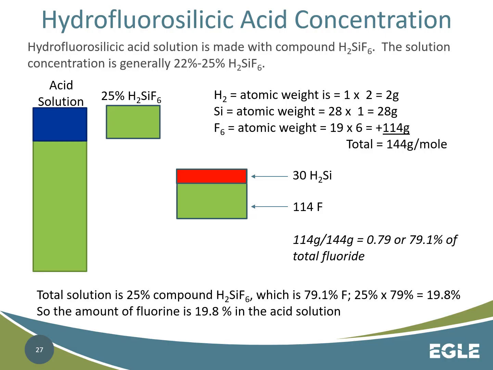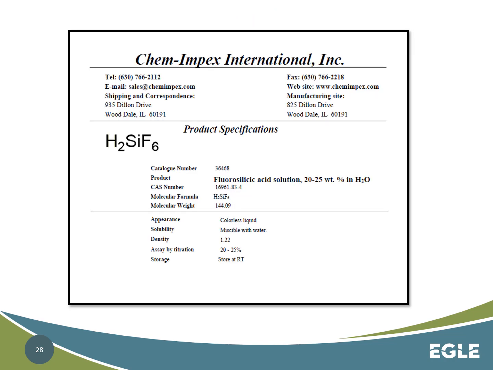And again, that percentage, 19.8, varies depending on whether you have 22, 23, 24, or 25% hydrofluorosilicic acid in the solution. I just wanted to explain a little on that concept before we start going into some dosing calculations. Here is a quick example of the product data sheet that you may obtain from your manufacturer.